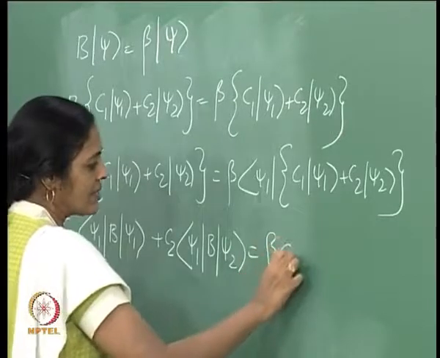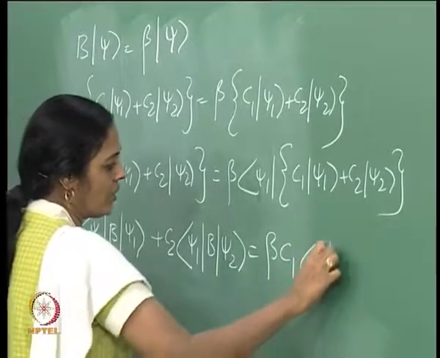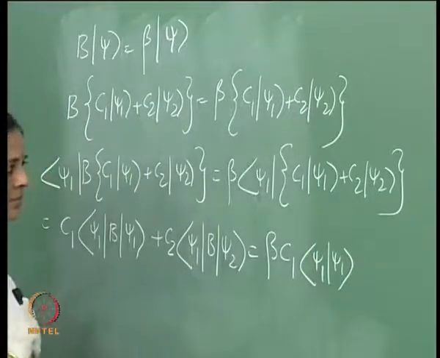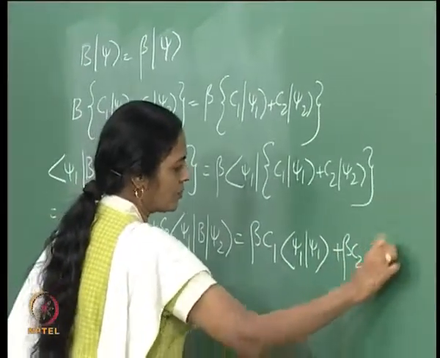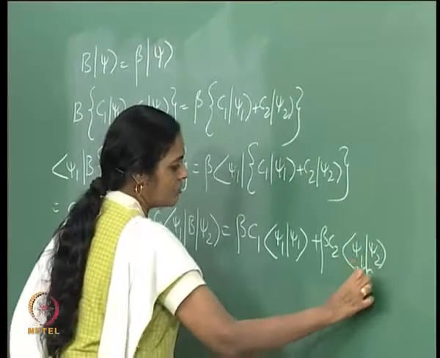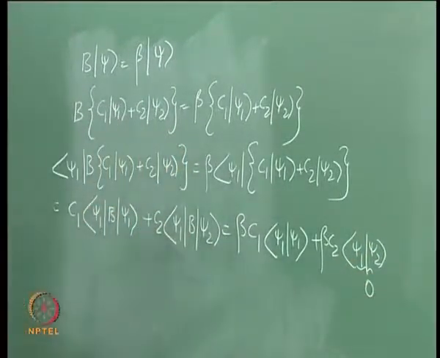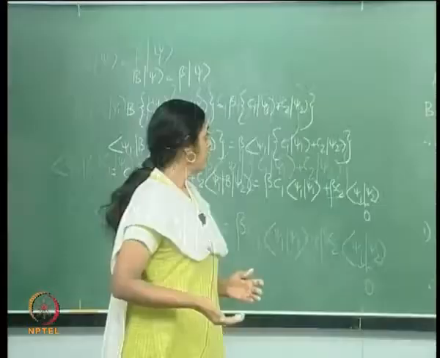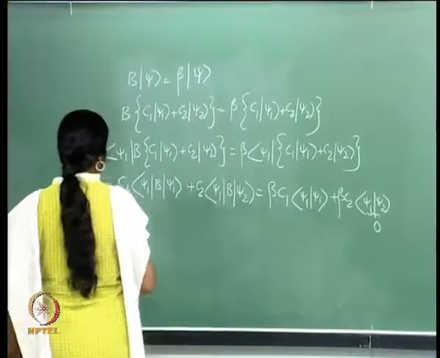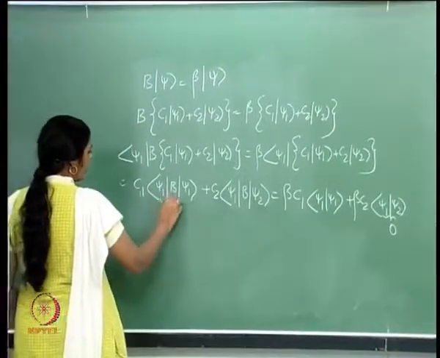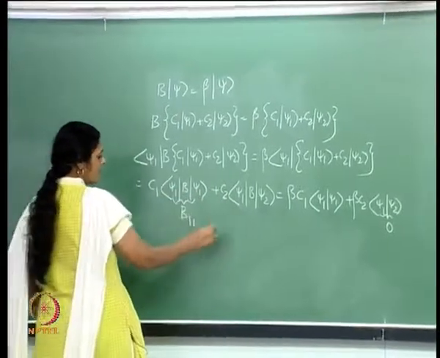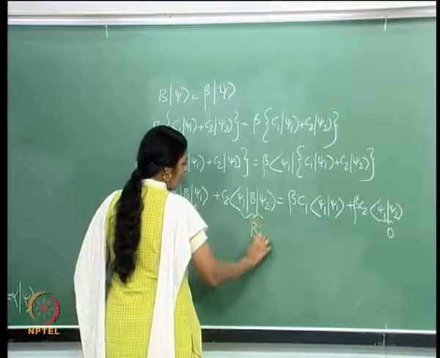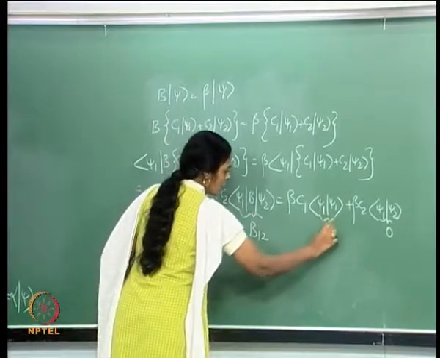That is beta C1 psi 1 psi 1 plus beta C2 psi 1 psi 2. I have already assumed that psi 1 and psi 2 are orthogonal to each other, and therefore I have a shorthand notation B11 for this, B12 for that. This is normalized to 1.